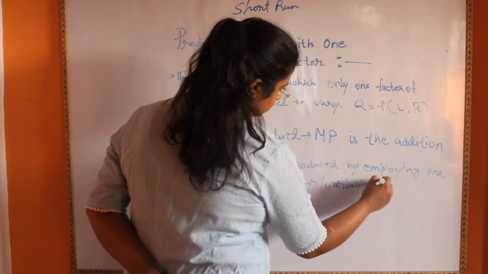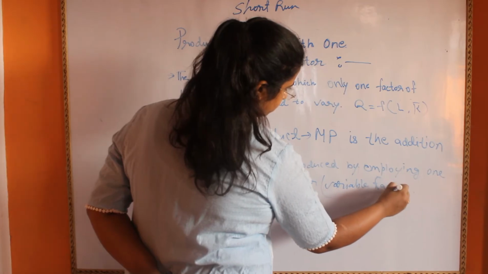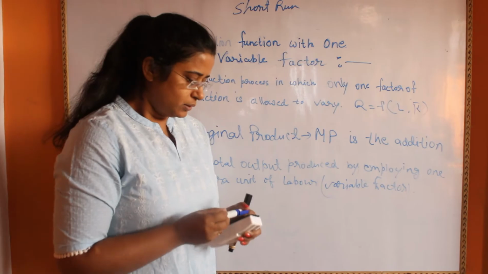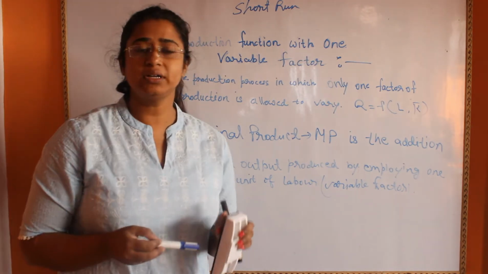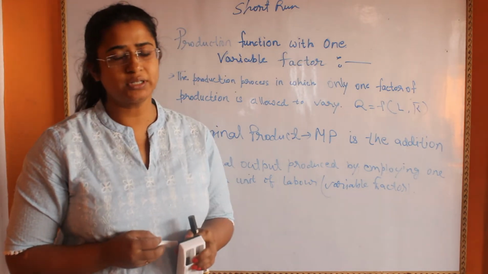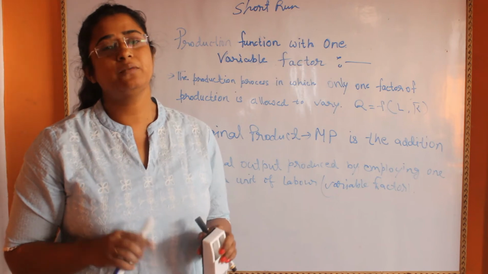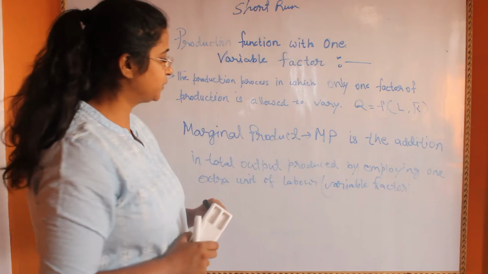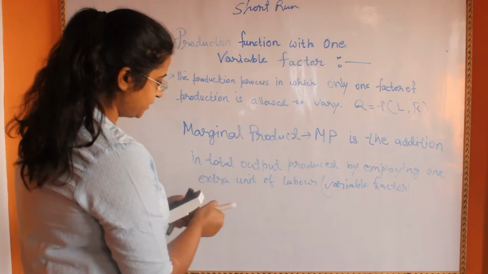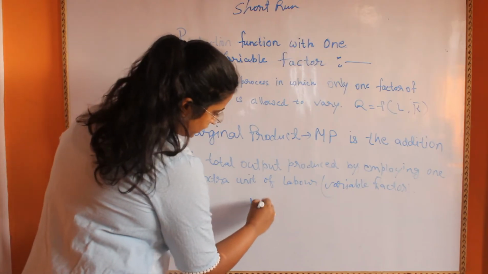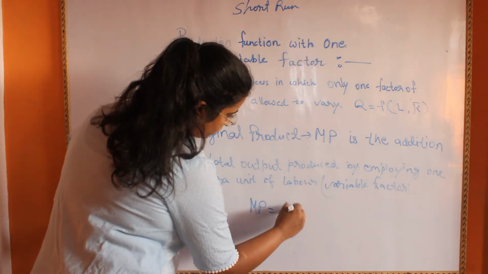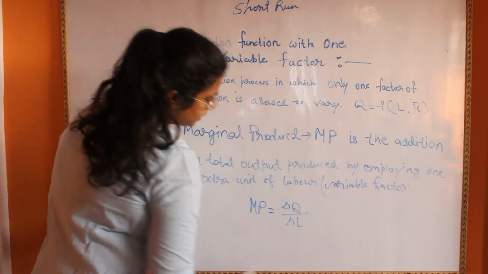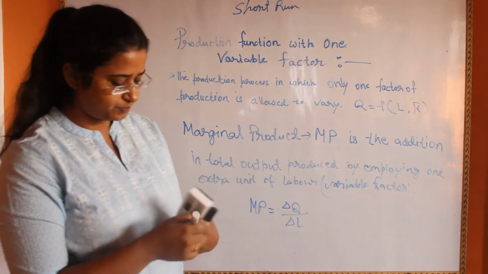Okay, so the marginal product is the change in the total product because of employing one extra unit of the variable factor, that is labor. You can write it as a change in quantity as a result of a change in labor.